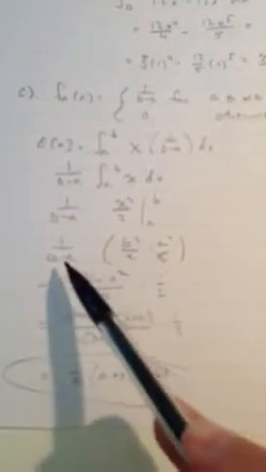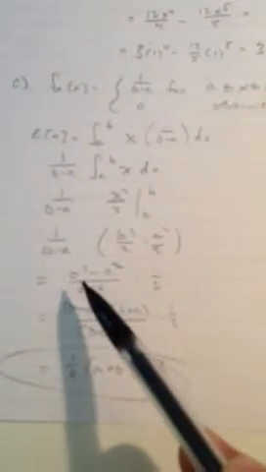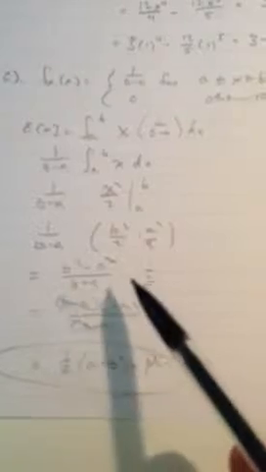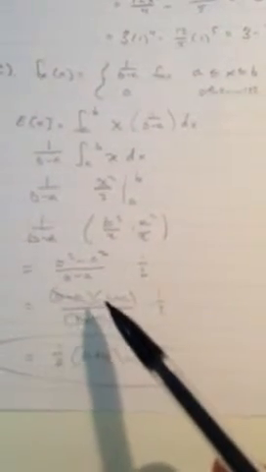Once I did a little algebra work here, b squared minus a squared over b minus a times 1/2, and took that out. I saw that this was a difference of squares, so b minus a times b plus a, crossed out the b minus a, and now we're left with 1/2. A plus b is going to be our expected value.